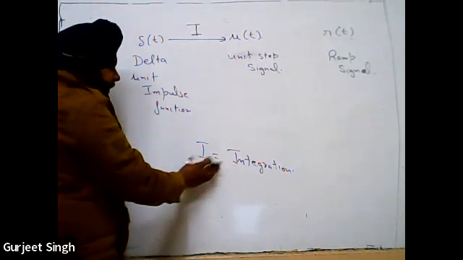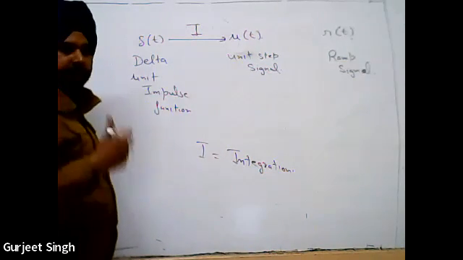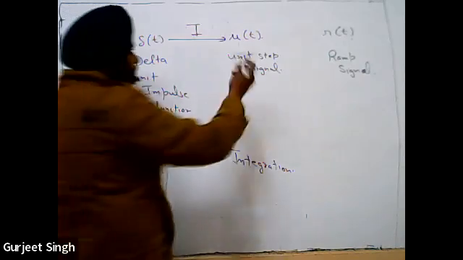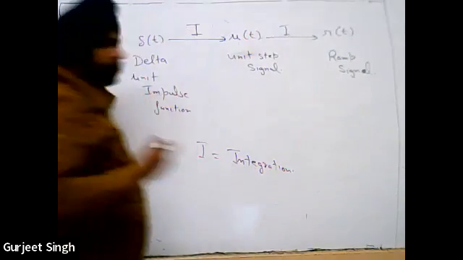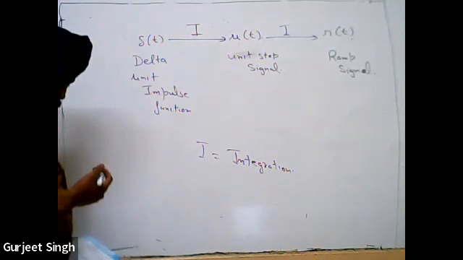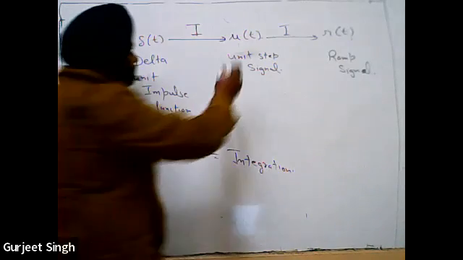I is denoting the integration. When I do the integration of delta t, we get the unit step signal. When I do the integration of u(t), the unit step signal, we get the unit ramp signal.